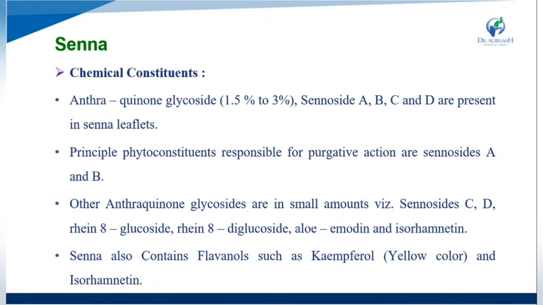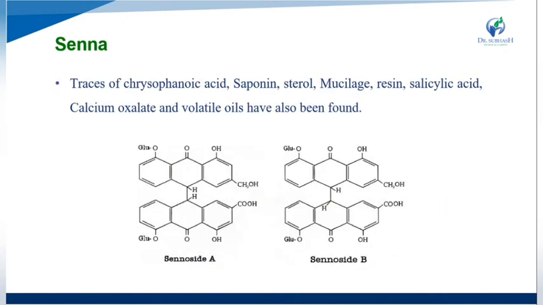Okay, senna also contains flavonols such as kaempferol, which gives the yellowish color, and isorhamnetin. Okay, these two are the flavonols. Then traces of chrysophanic acid, saponin, sterol, mucilage, resin, salicylic acid, calcium oxalate and volatile oils have also been found.